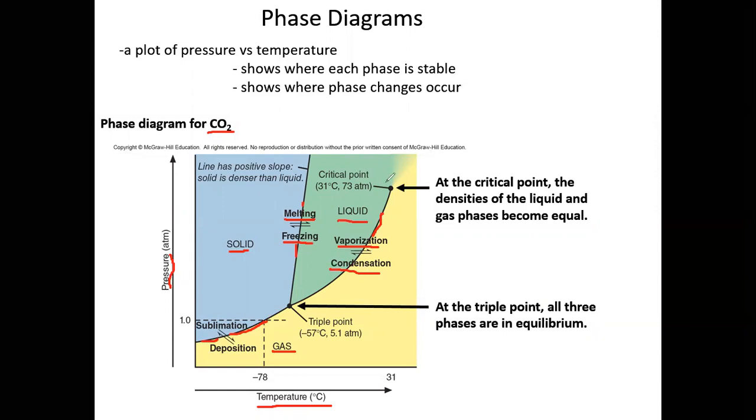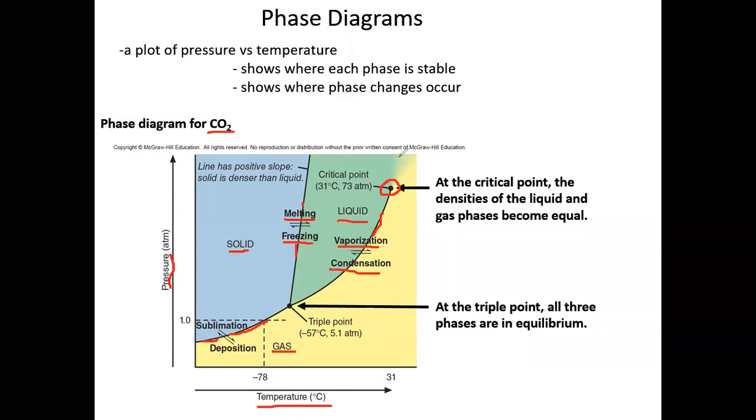The first point is the critical point. The critical point is the temperature and pressure above which you can no longer tell the difference between a liquid and a gas. It becomes a supercritical fluid. The critical point for carbon dioxide is 31 degrees Celsius, 73 atmospheres.